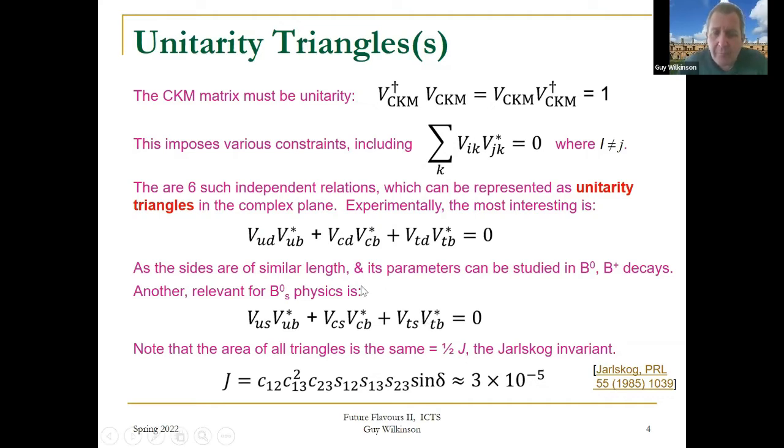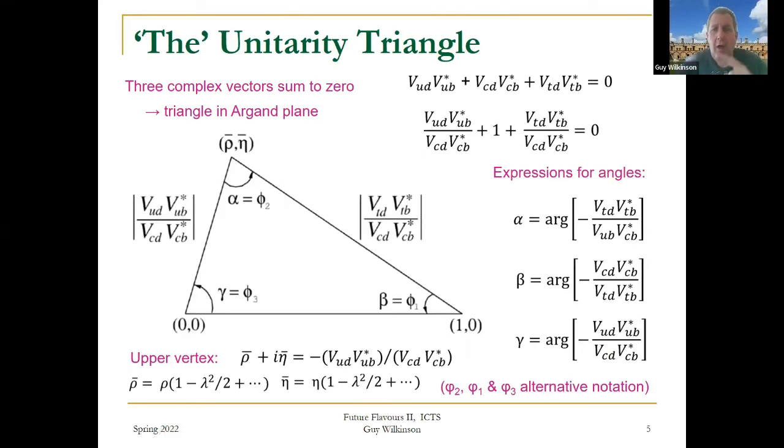In particular, there's one very relevant for BS physics, which I give there. So here is that first triangle of the unitarity triangle. It has a vertex given by rho bar, eta bar, but let us focus on the sides and the angles. Here we have written out fully what those sides and angles are.